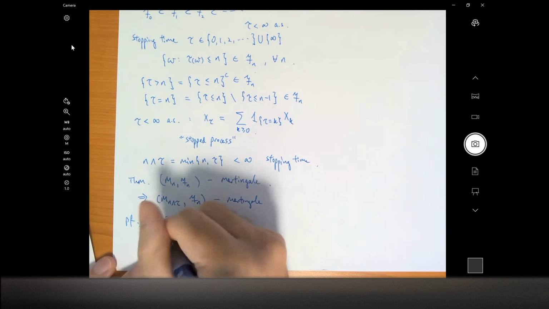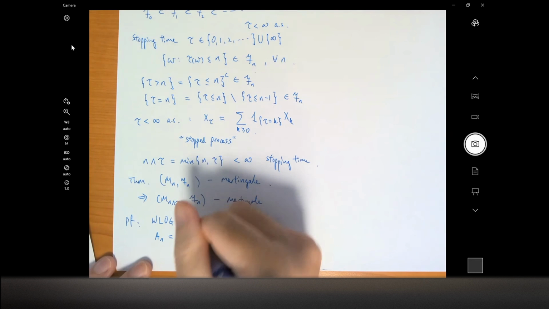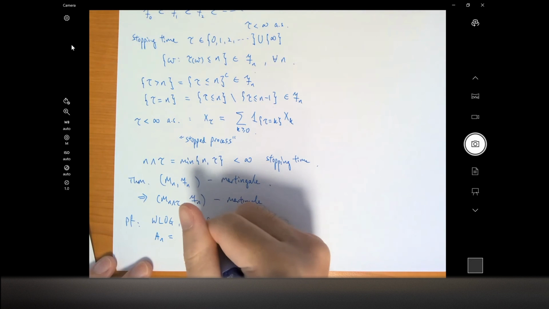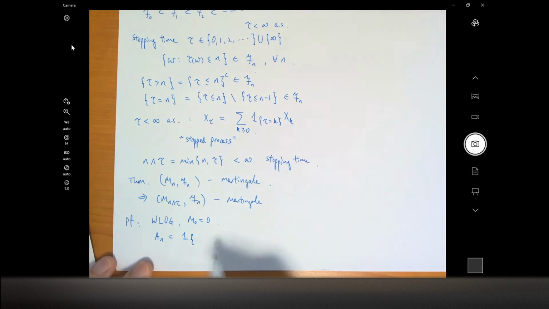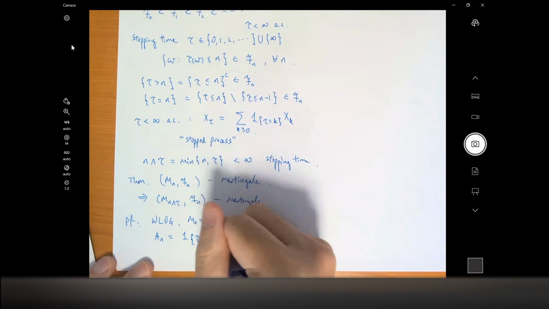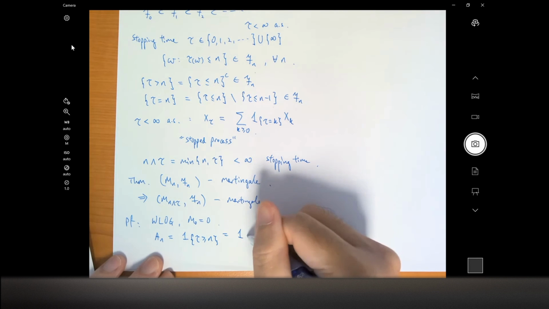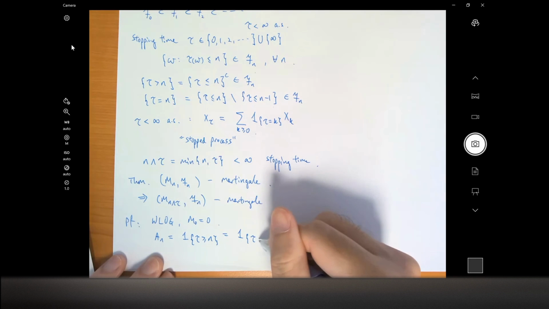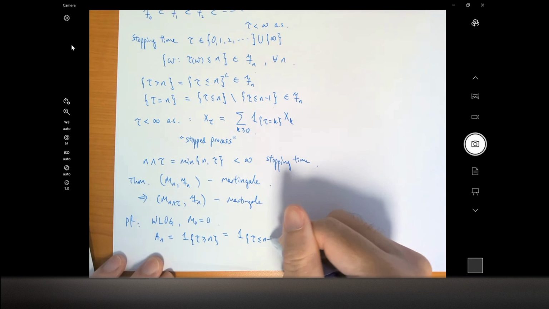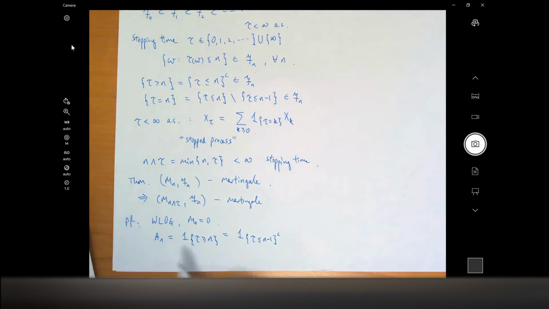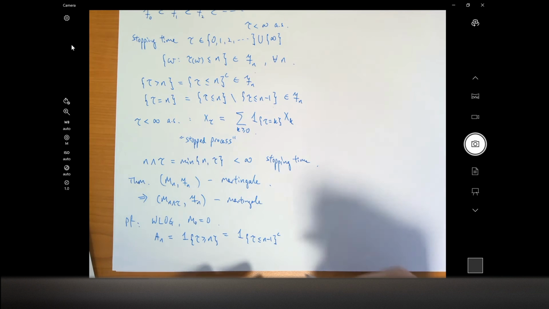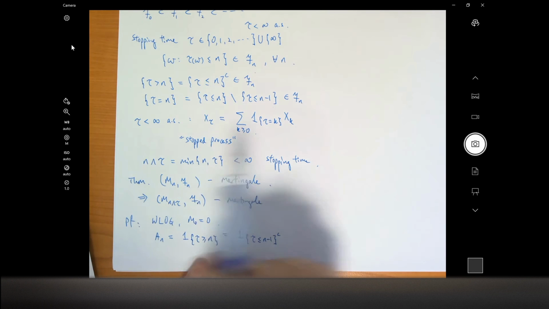Now we can define an to be the indicator function where tau is bigger than or equal to n. This is the same as saying the complement of tau smaller than or equal to n minus 1. Remember, tau is an integer valued random variable, so these two are the same.